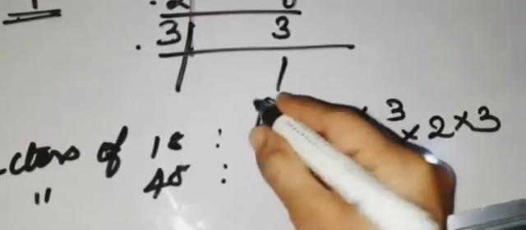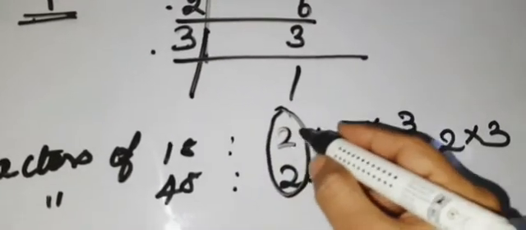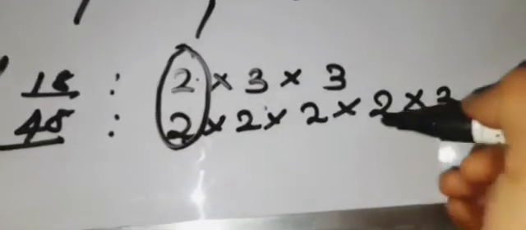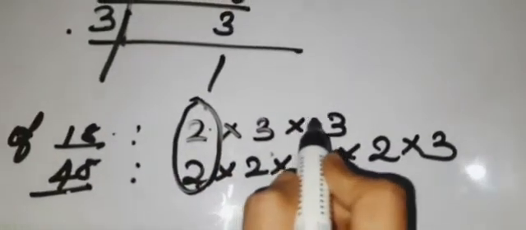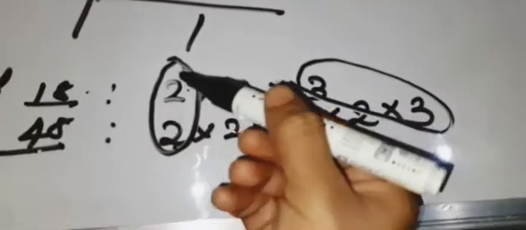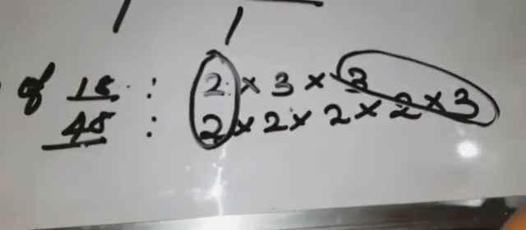Now what we are going to do is circle the common factors among them. See, 2 is common for both 48 and 18. Again, 3 is common for 18 and 48. I have circled it. So the fourth step is we are going to find the product of the common factors 2 and 3.